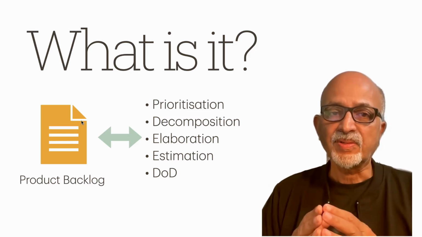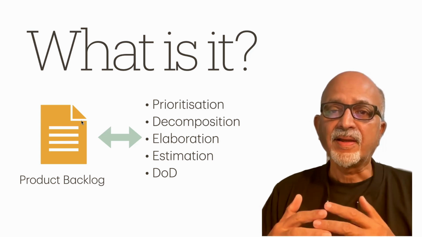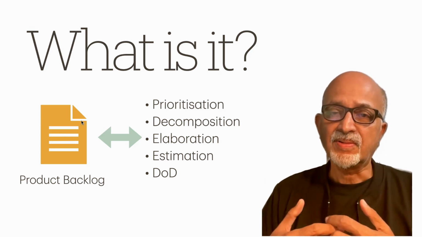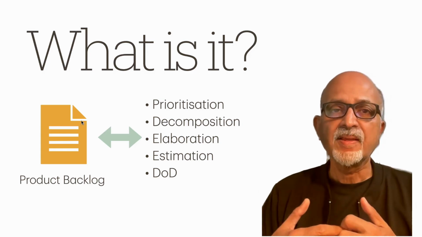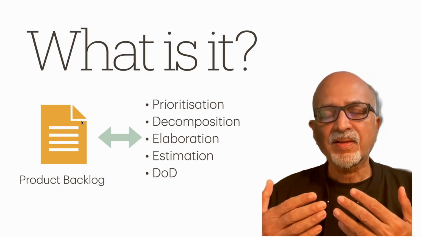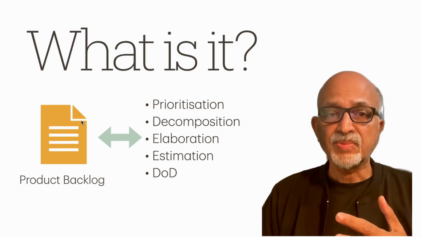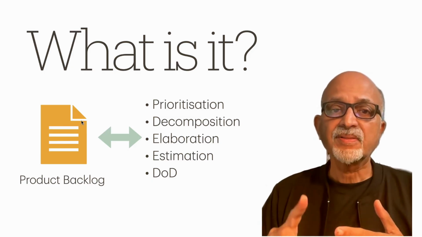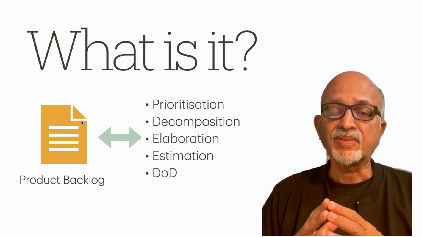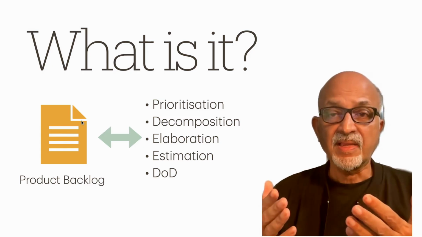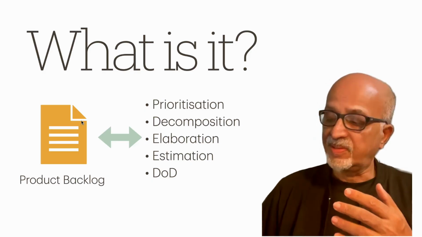Without user stories, estimations will go for a toss, expectations will go for a toss, and the definition of done also will go for a toss. So product backlog grooming comprises prioritization, decomposition, elaboration, estimation, and a common understanding of definition of done, that is, the acceptance test for the user stories.